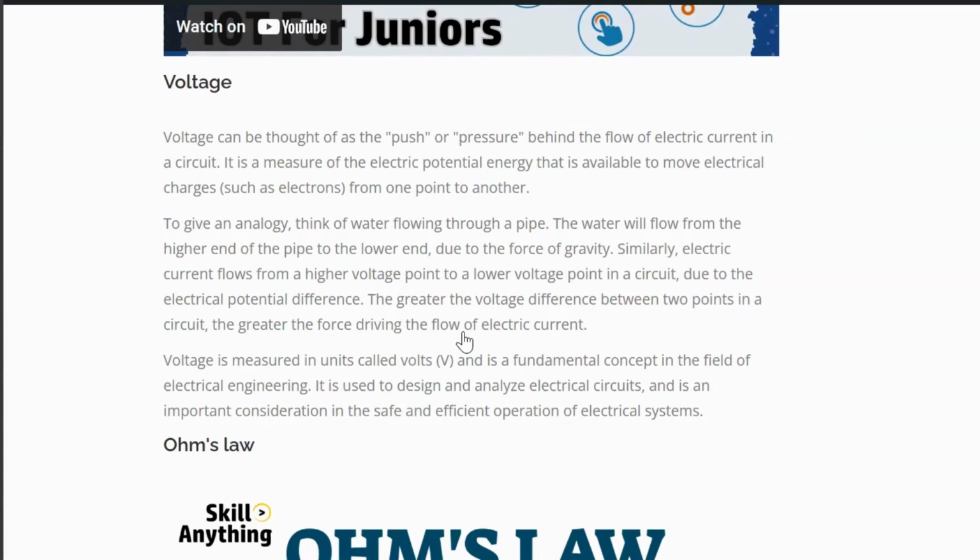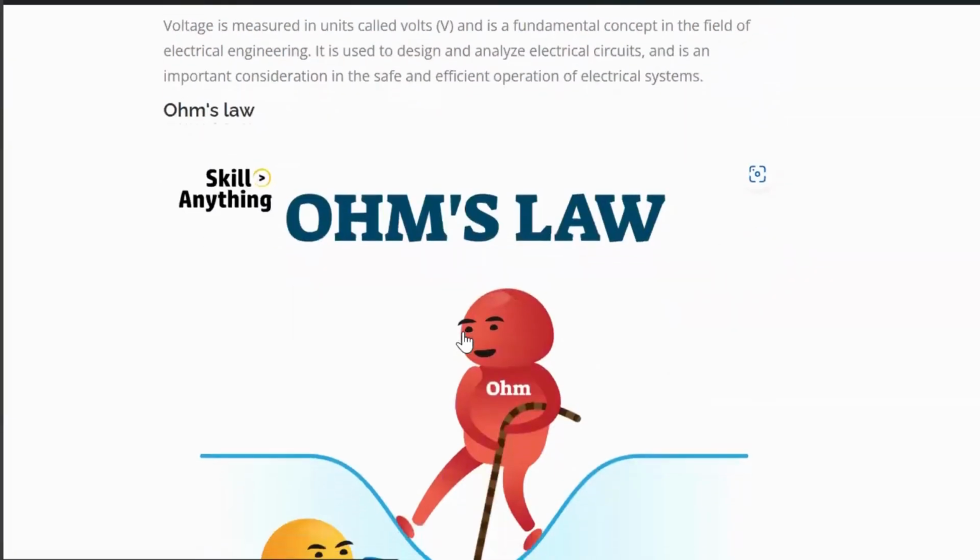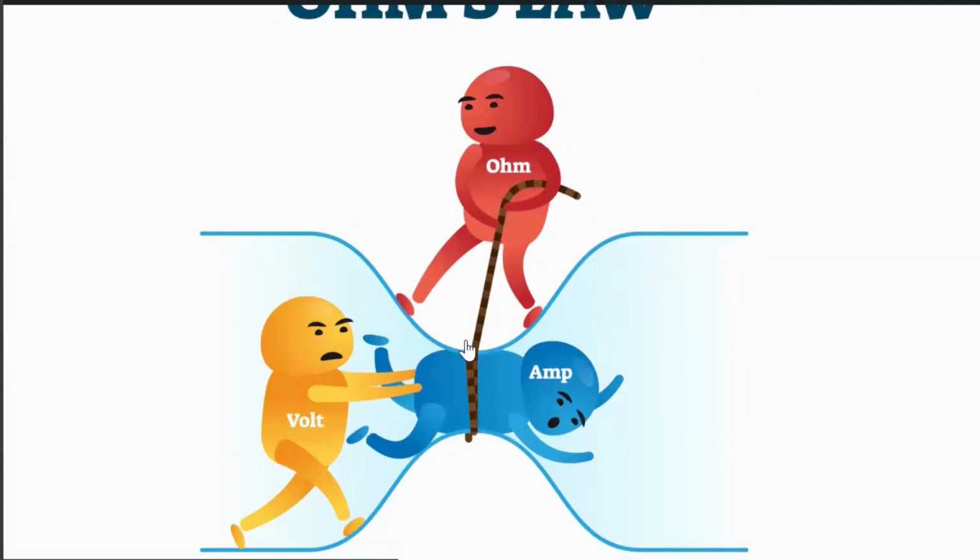To find the relationship between current and voltage, we understood voltage is something that pushes the charges through this circuit. To understand the relationship between these two, we will see Ohm's law. As you can see, this is the voltage which is pushing the current, and this is the resistance of the material that is stopping the current.